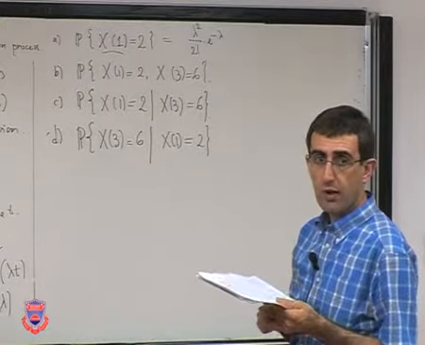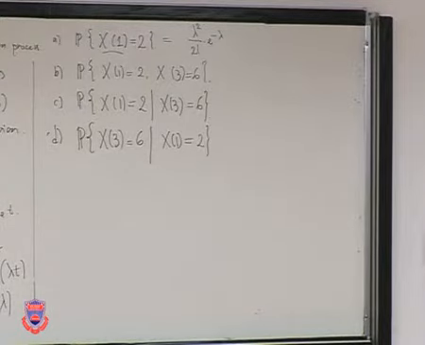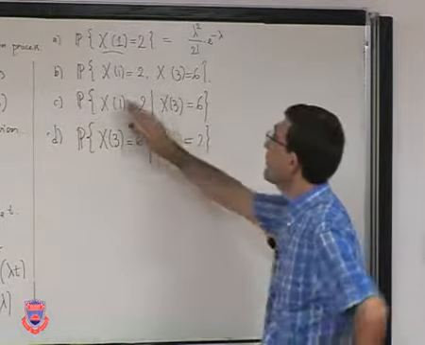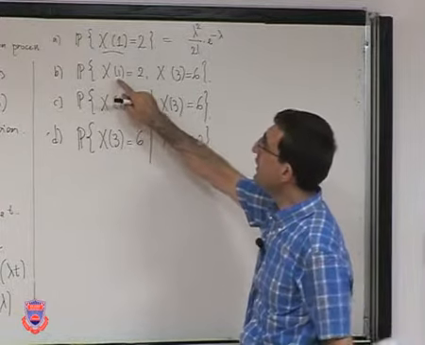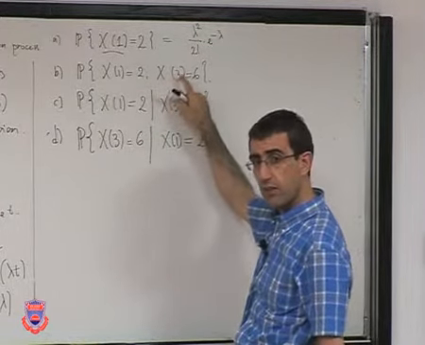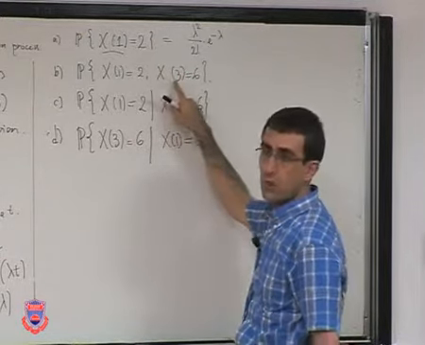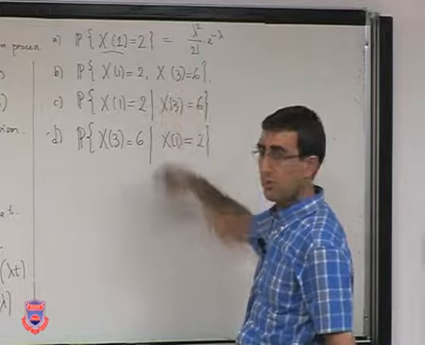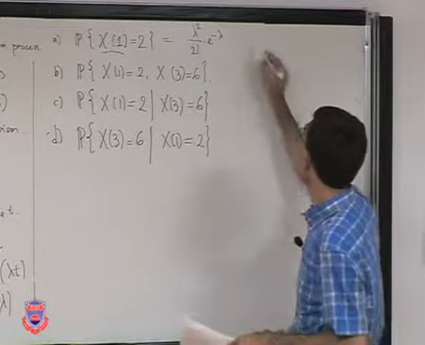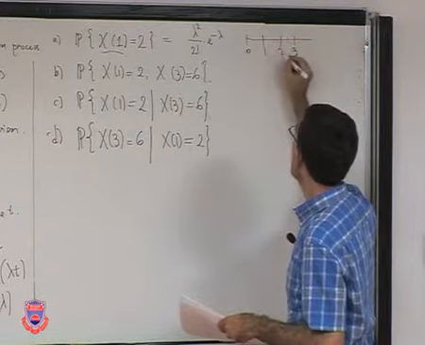X_1 is the number of customers who entered the facility until time 1, and X_3 is the number of customers who entered until time 3, so X_1 contributes into X_3. Looking at the time interval from 0 to 3, there is 1 and 2.